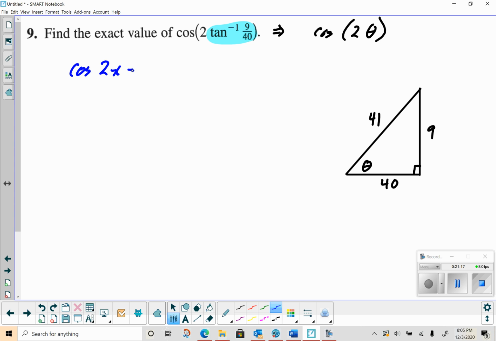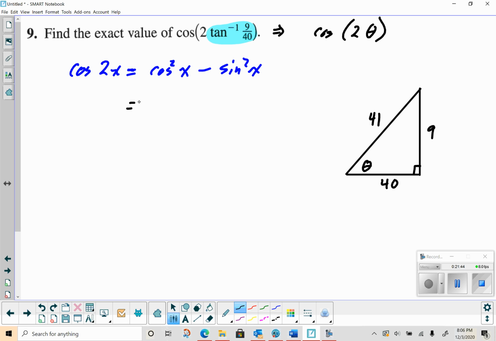Let's try the first one. Cosine squared of x minus sine squared x. Either of those other two formulas should work equally as well. I'm not sure if there's really an arithmetic advantage in this problem of choosing one over another.